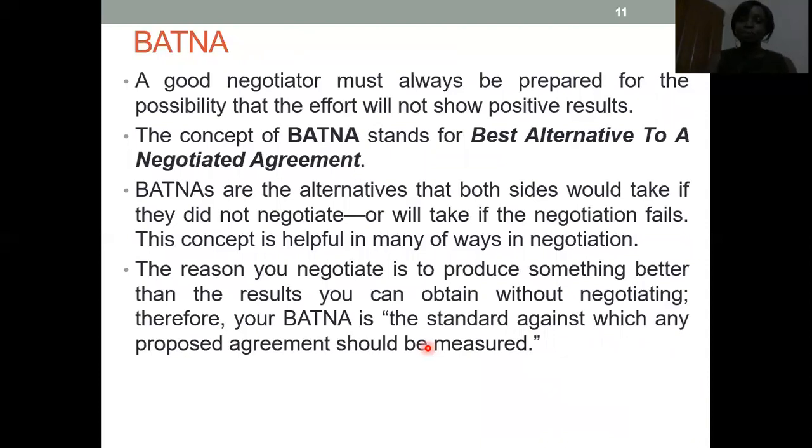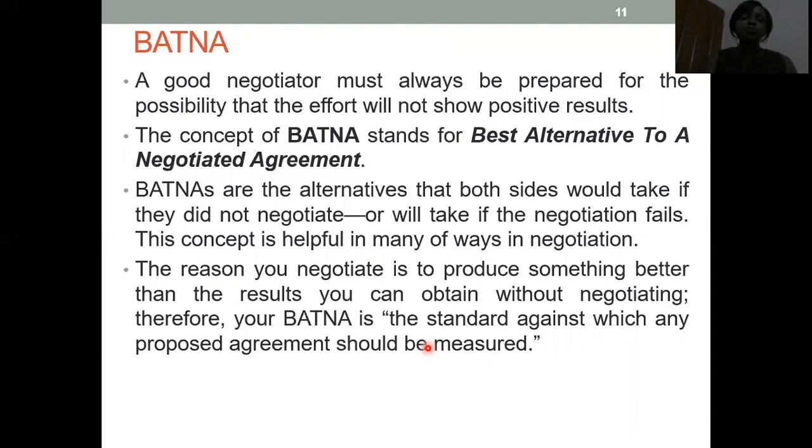What is your best alternative in this negotiation? And then what you win or lose will be measured according to this standard that you set. So a BATNA is a standard that we measure our win-lose against within a negotiation.